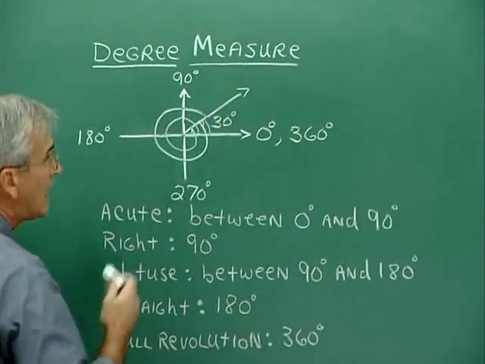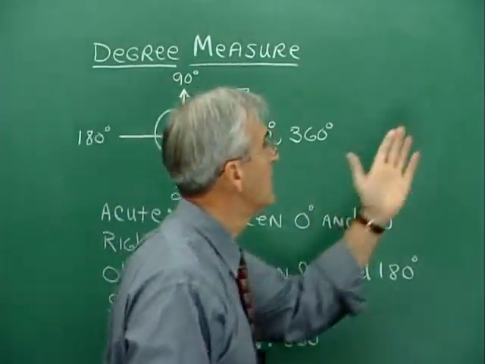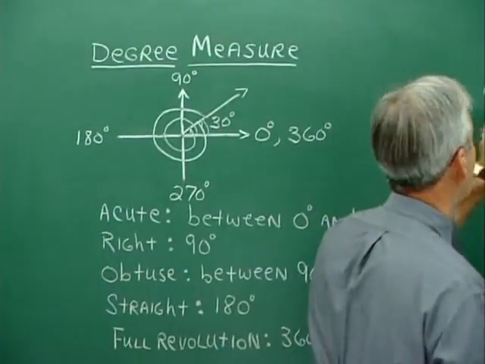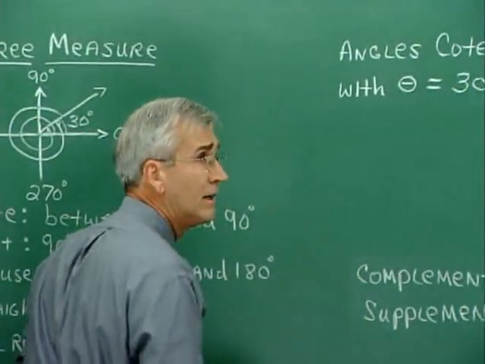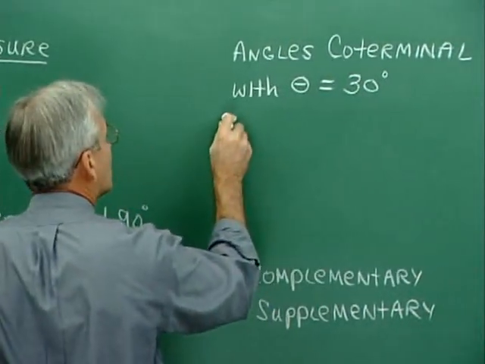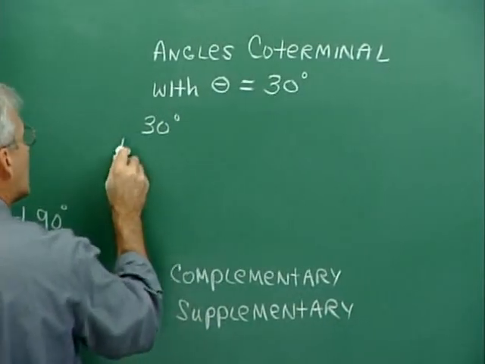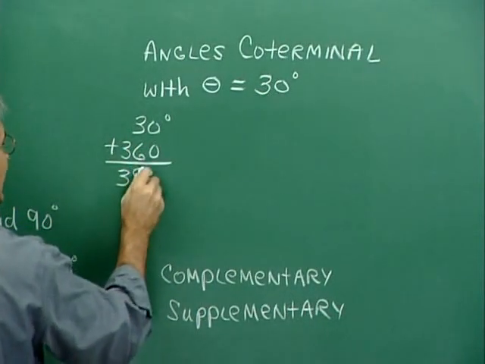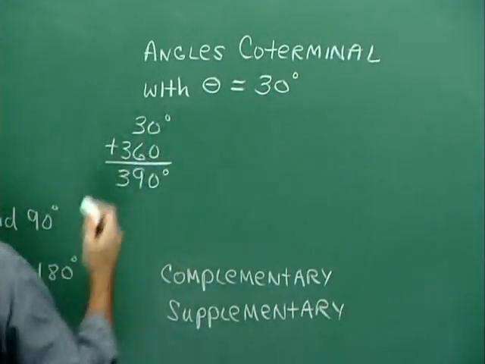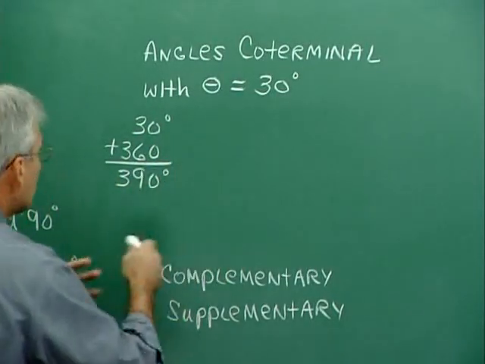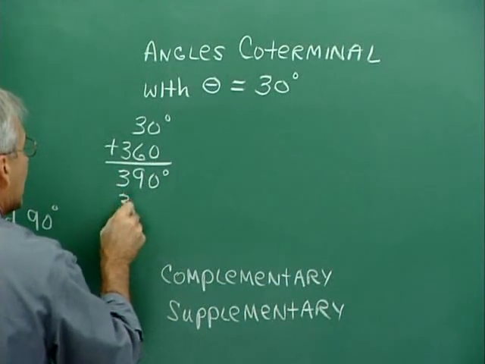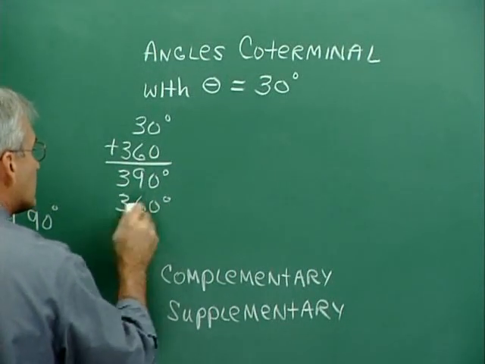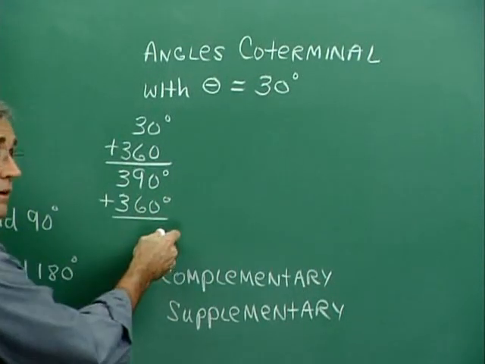Now, algebraically, we would do the calculation like this. If we want to calculate angles coterminal with an angle theta of 30 degrees, then we could say it's 30 degrees plus 360 degrees, or a 390-degree angle would be coterminal with that one. And another one would be, well, let's take this angle and add 360 degrees, you see, and we would have another coterminal angle.